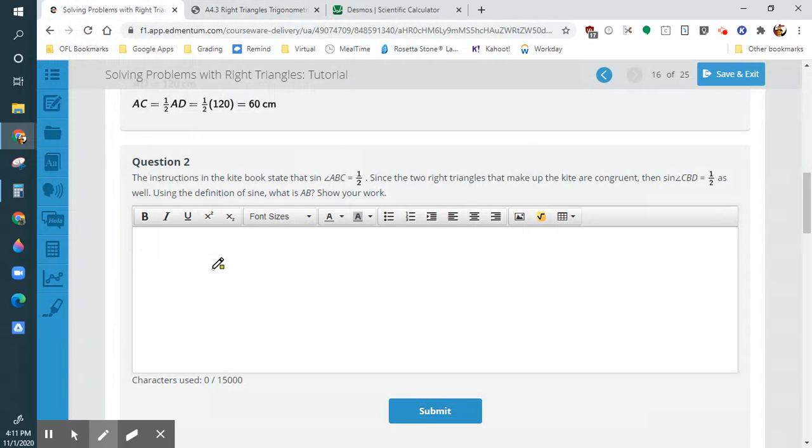Okay, so sine of B equals AC over AB, which is equal to 1/2, which is equal to 60 over 2 times x.